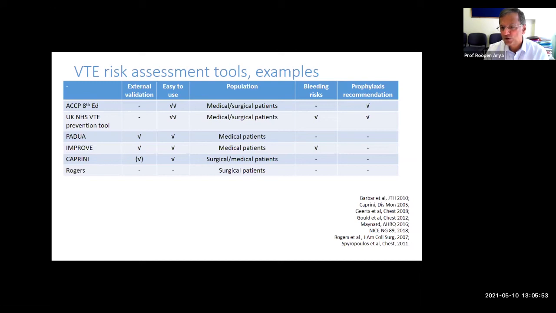Some of these tools, I think, arose as part of the enthusiasm for post-discharge medical thromboprophylaxis using the direct oral anticoagulants, where the trialists sought to enrich the trial population for risk by using tools such as the IMPROVE tool, allied in some cases to biomarkers like the D-dimer.